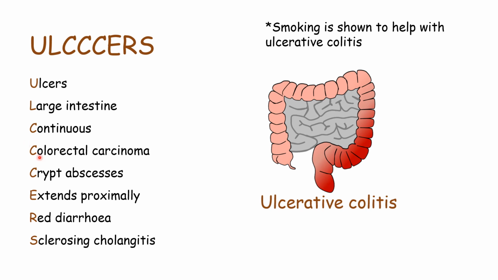Another C for colorectal carcinoma, there's an increased risk of colorectal carcinoma. C for crypt abscesses. E for extends proximally, so the inflammation will extend proximally throughout the colon. R for red diarrhea or bloody diarrhea. And then S for sclerosing cholangitis, which is that extraintestinal manifestation that we just talked about.